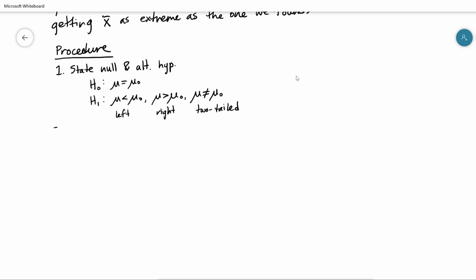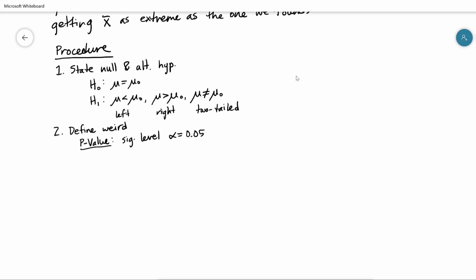The next step is going to be where we define what we consider weird. And there's two different ways to do that. So if we're doing the p-value method, we want to define weird with an area. So all we have to do is decide what our significance level is.